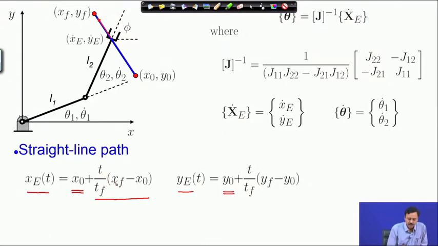This path has to be traversed in time t f. So, essentially this time goes from 0 to t f. So, at time t equal to 0, I am at x naught y naught. At time t f, when t is equal to t f, then this factor becomes 1.